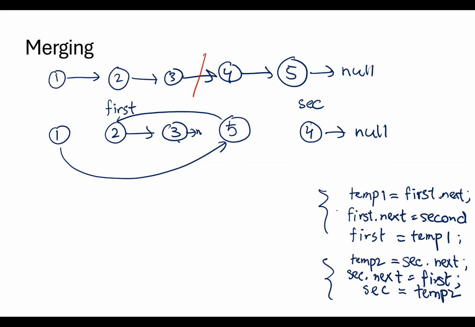And next time I repeat this thing again, temp1. So this one becomes temp1. This is going to be the first's next. Okay, and then first's next is set to second. So that means this one is going to be set to second. And then temp1 becomes the new first. So this one becomes the new first, right?